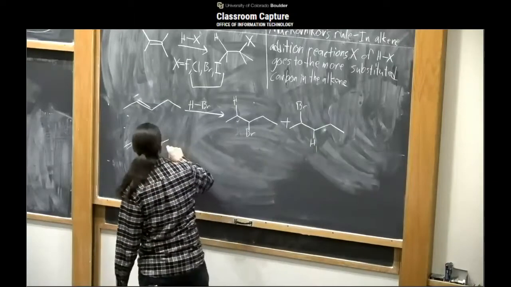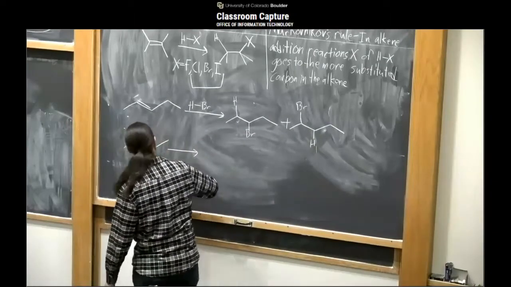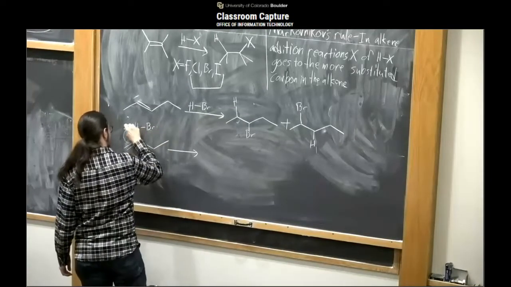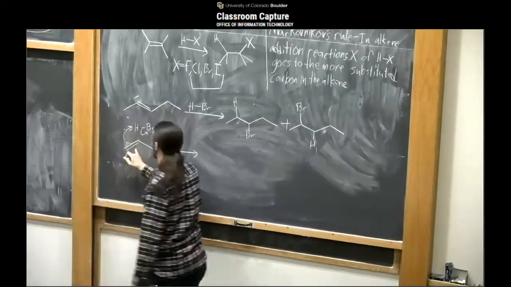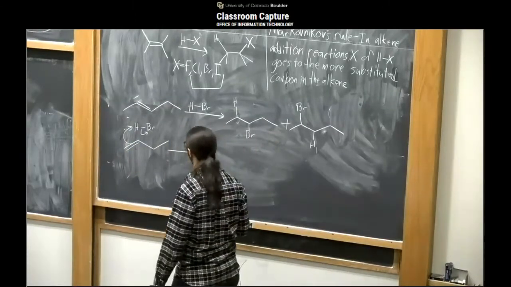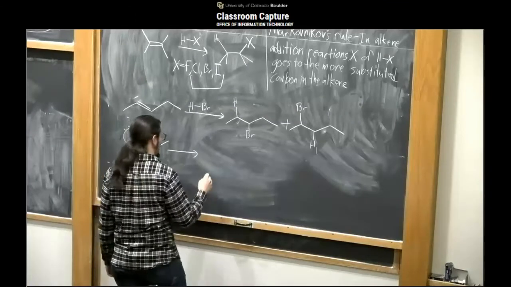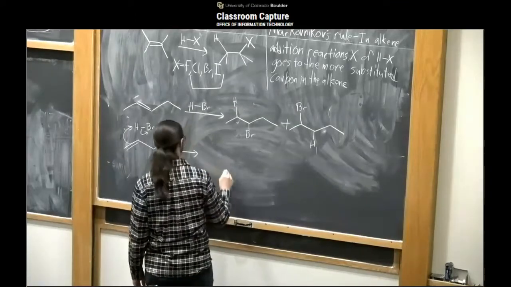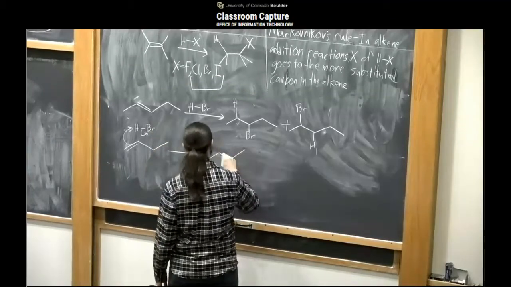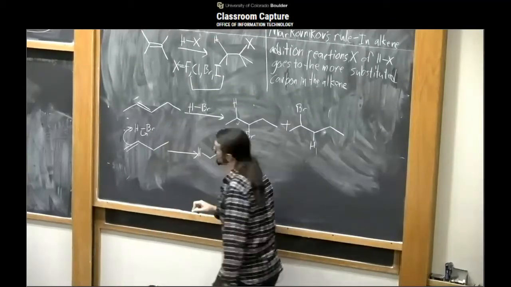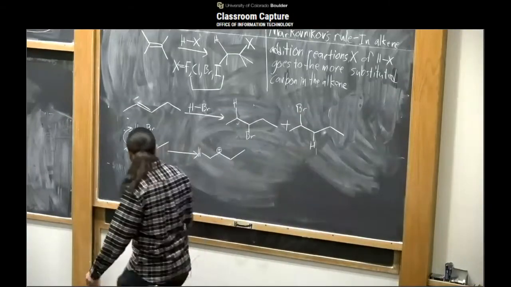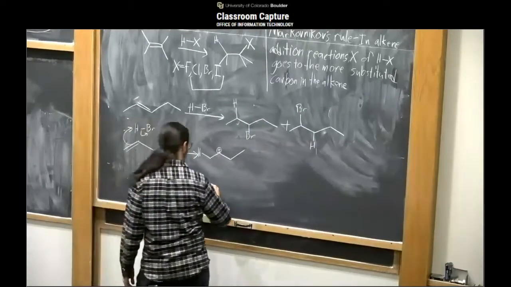So if we think about the mechanism for this example below, the pi electrons attack the hydrogen-bromine sigma star, which breaks the hydrogen-bromine bond heterolytically towards the bromine, and then it forms a carbocation at that position. We could imagine it forming the carbocation at the other position.